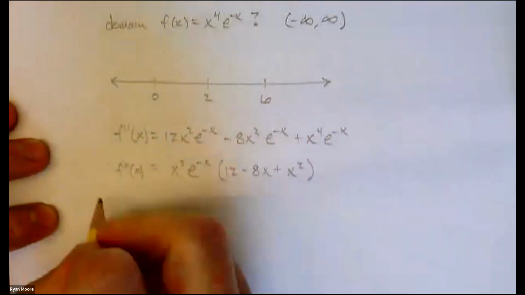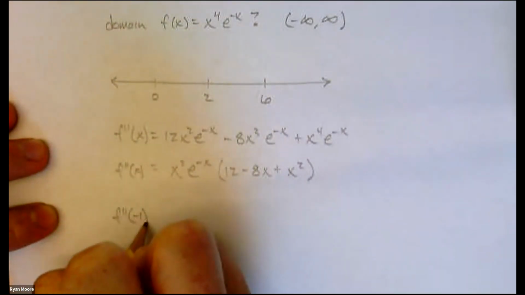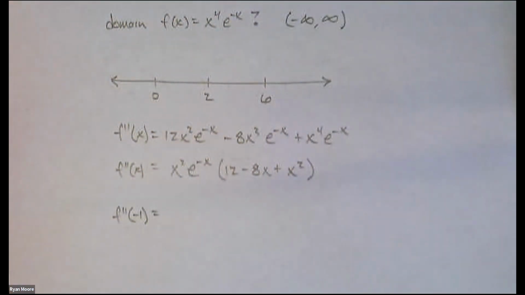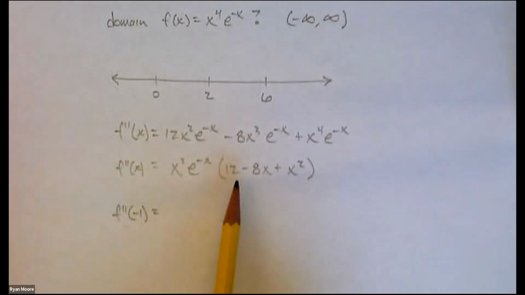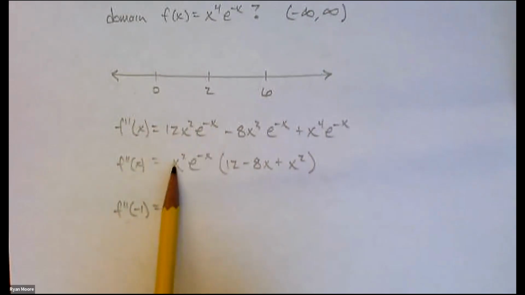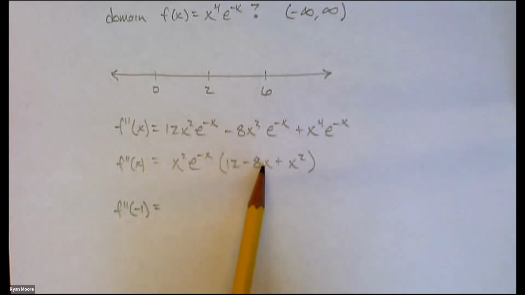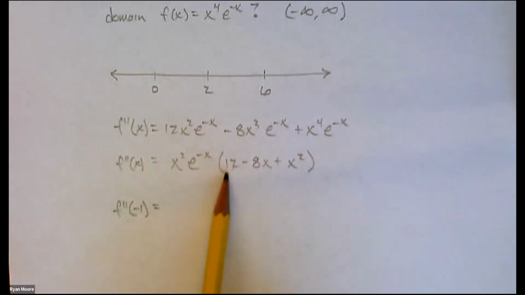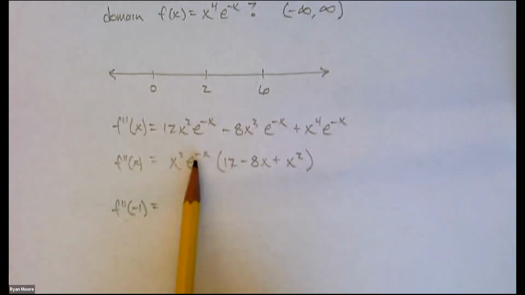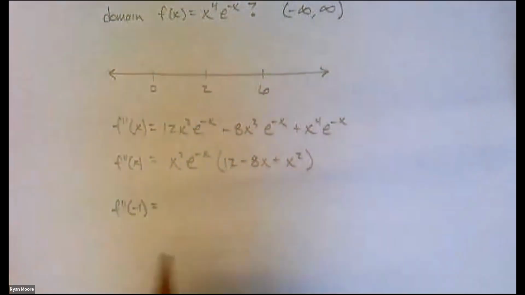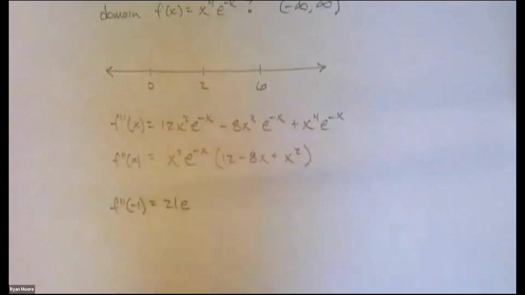How about -1 into the second derivative at double prime -1? So if I put that in, what would happen here? Well, -1 squared, that's nice. That'd be a 1, that'd be a +8, so that'd be 21. And then plugging it in here, -1 would be just e to the 1st, 21e.